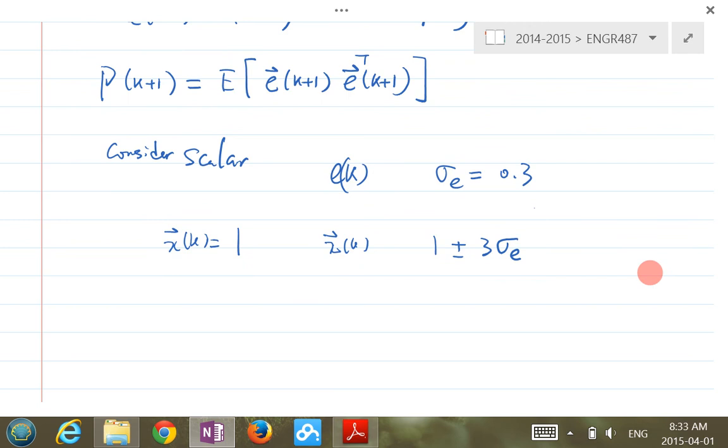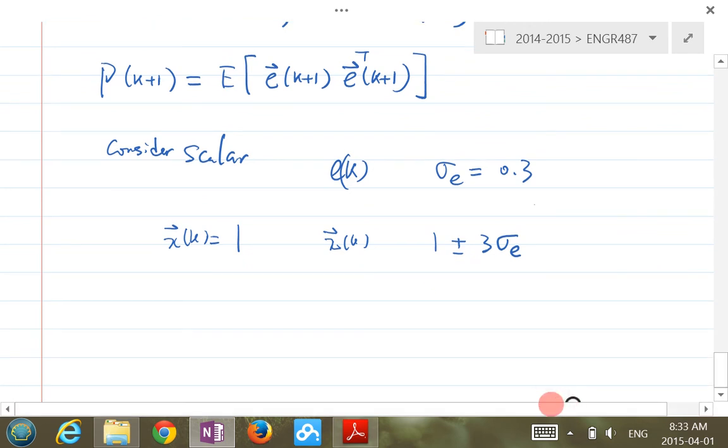Basically just 1 plus or minus 3 times this, right? So the actual value is 1, and your estimation varies along this range, right?